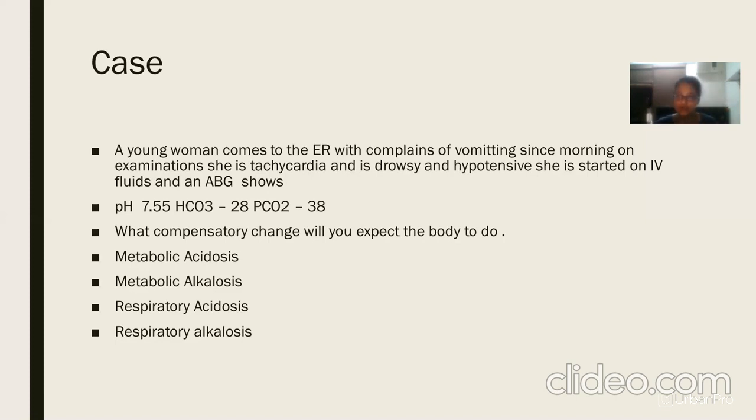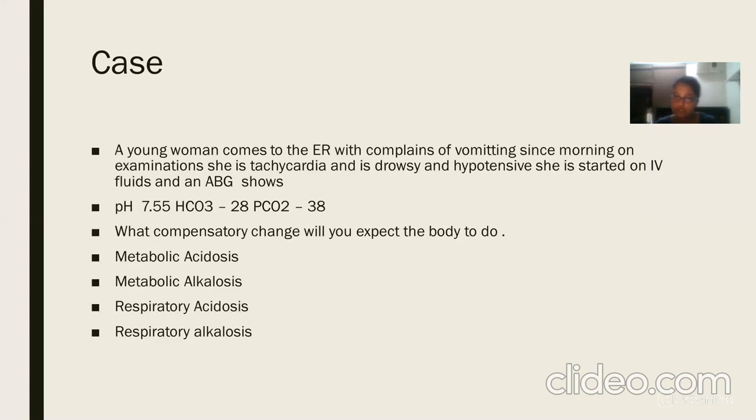To explain the compensation mechanism: her bicarb is high and her pH is high. If I am that lady who's vomiting, my body will clearly try to retain acid. The first thing I do is trigger my buffer systems, but buffers last for a very short period of time, and that will not help enough.